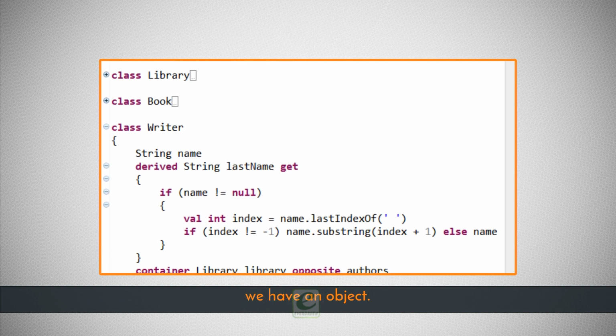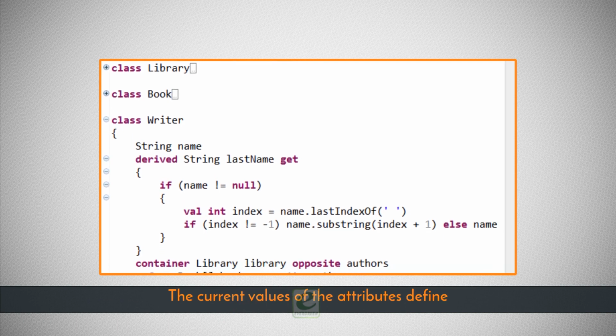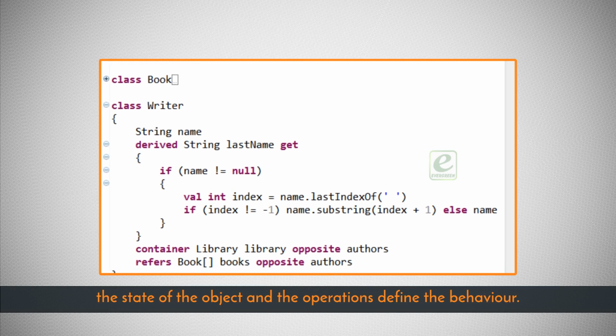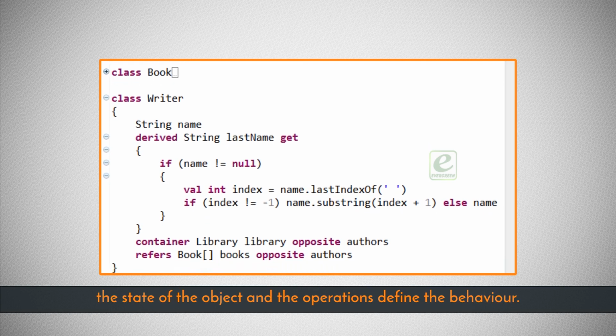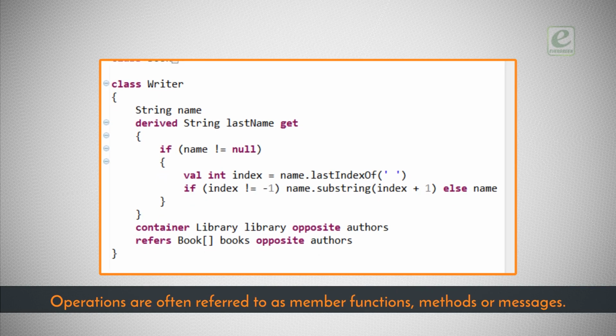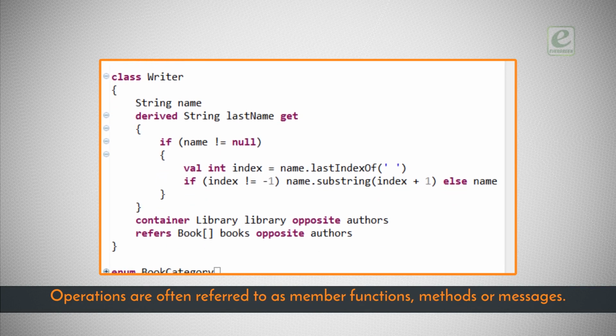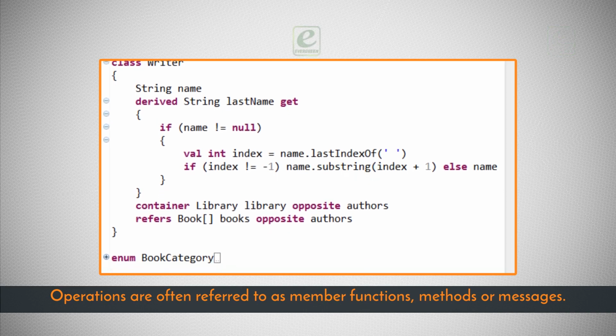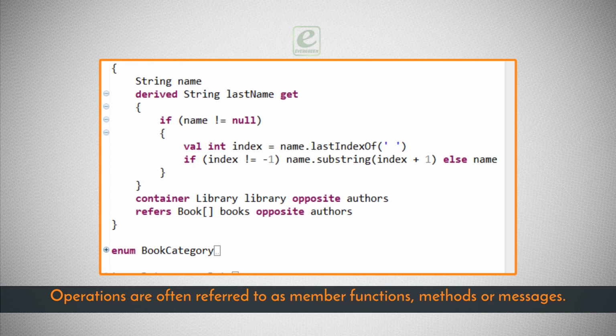We have an object. The current values of the attributes define the state of the object, and the operations define the behavior. Operations are often referred to as member functions, methods, or messages.